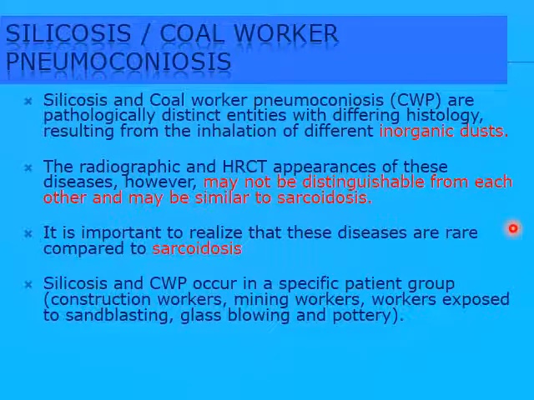Silicosis and coal worker pneumoconiosis are pathologically distinct entities with different histology resulting from inhalation of different types of inorganic dusts. The radiographic and high-resolution CT appearances of these diseases are more or less similar, so we grouped them together, silicosis and coal worker.